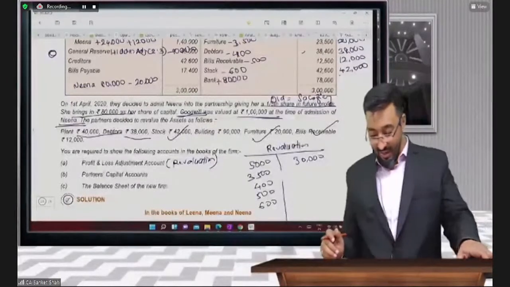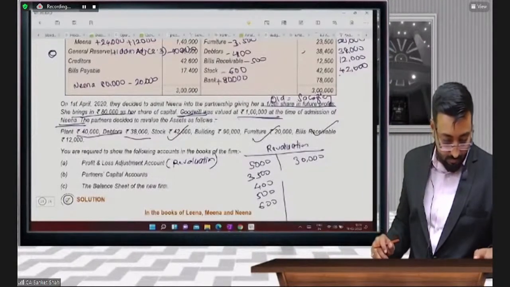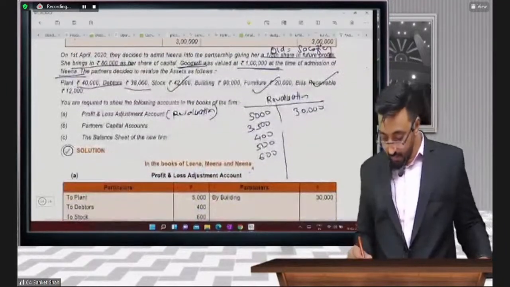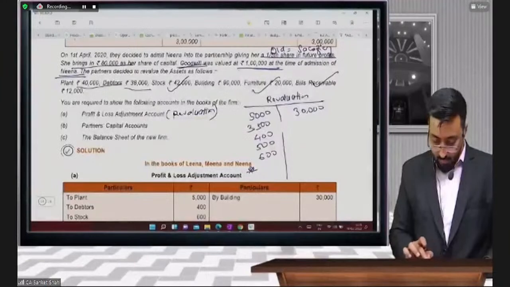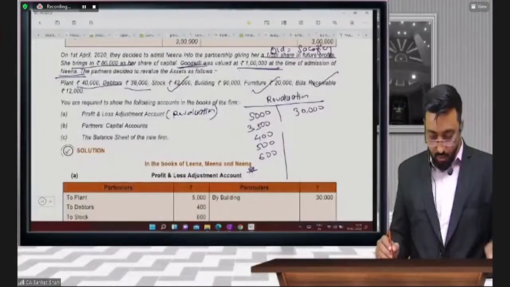Okay, so 30,000. So tell me what is the balancing figure of revaluation? Revaluation beta: 30 minus 5 minus 3.5 minus 0.4, so 20,000.